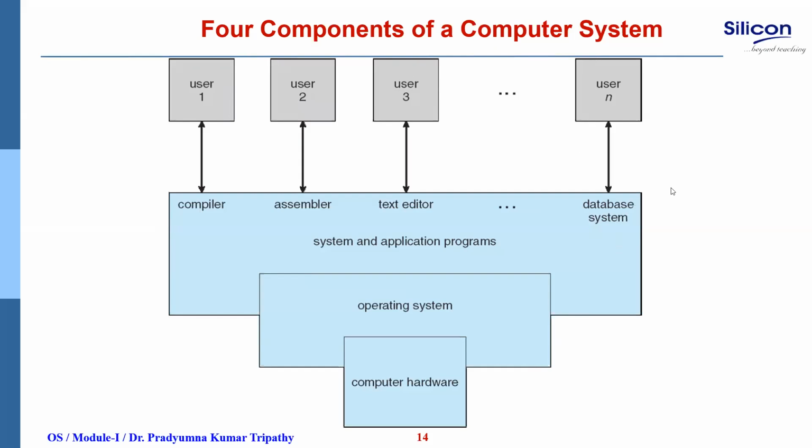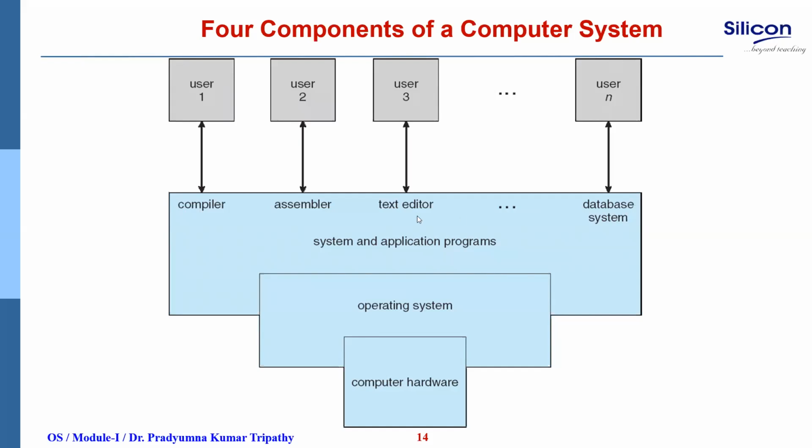See here, the components of a computer system. It says that if you broadly classify it, you will have four components. In a computer system, I am not saying the operating system, in a computer system, there are basically four components. What are the components? These are the users. These are some programs.